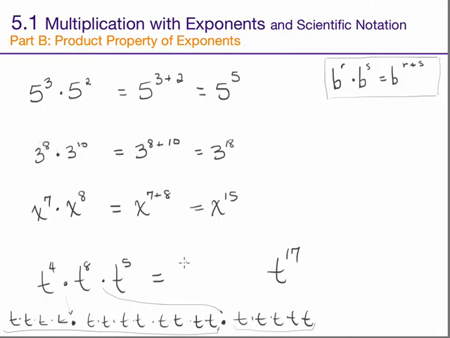Notice that when I do that, I could have got there just as easily by counting how many copies without actually writing them down. Add the exponents.